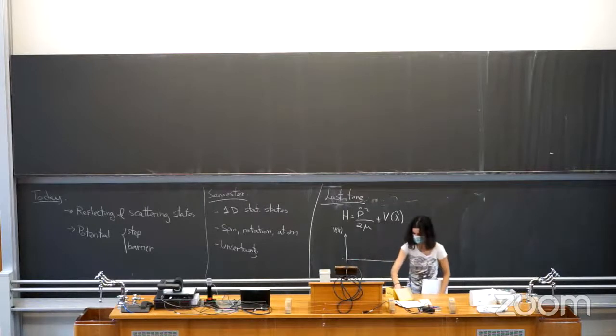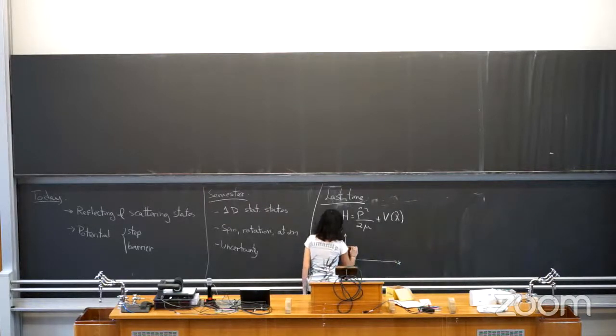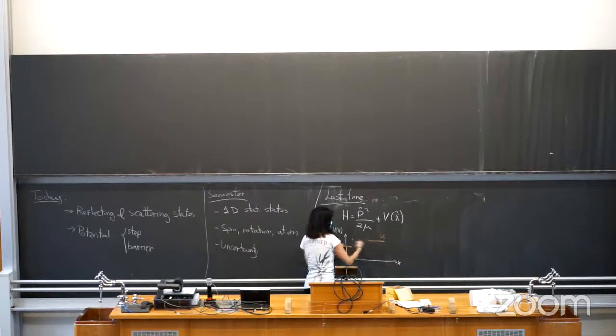We look at potentials of this form, where we have some potential on the left, then we don't know what happens, then we have some potential on the right. This is the interaction zone. And we saw that what we do is we solve the solution for the flat case, and then we have to glue it together depending on what's happening in the middle, depending on some continuity conditions.